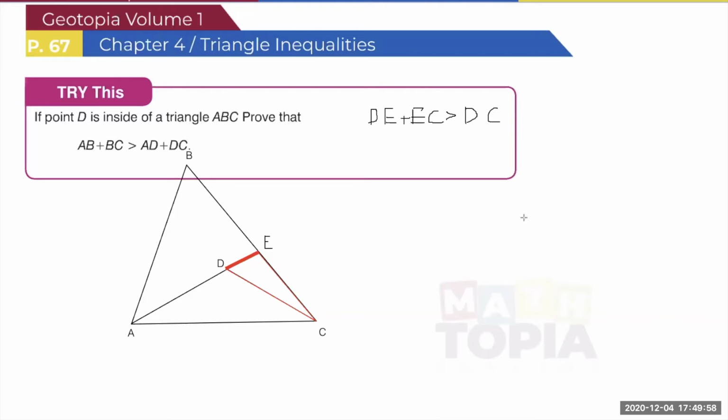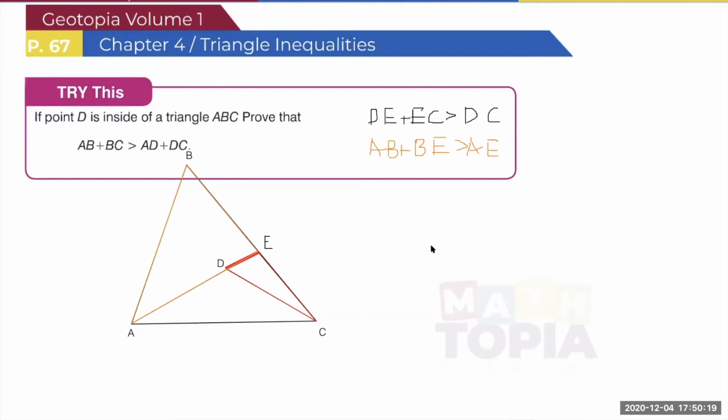And we also have this orange triangle, ABE, and AB plus BE is greater than AE.